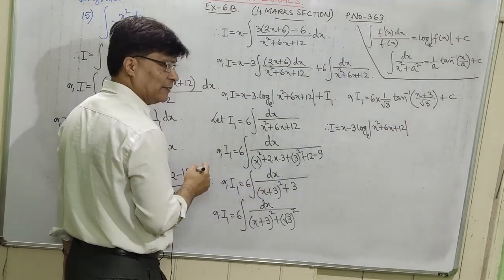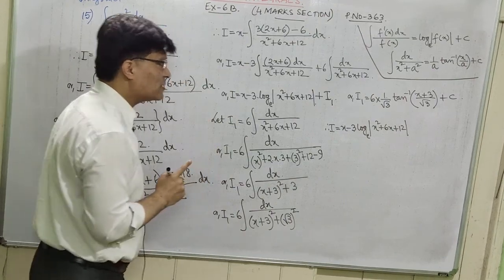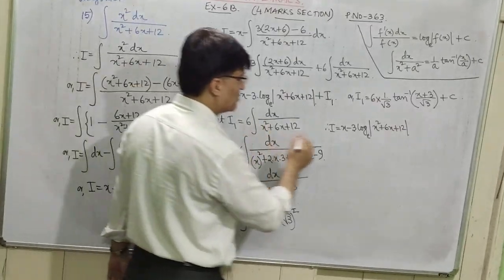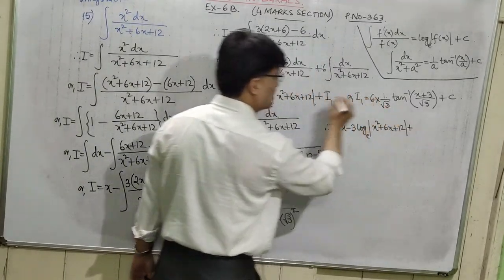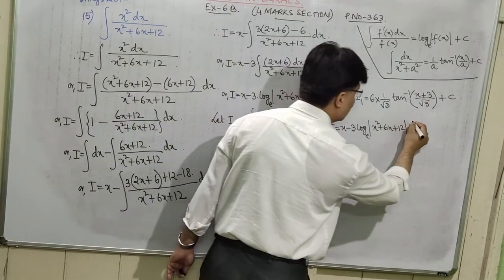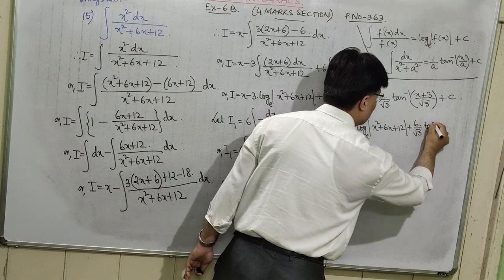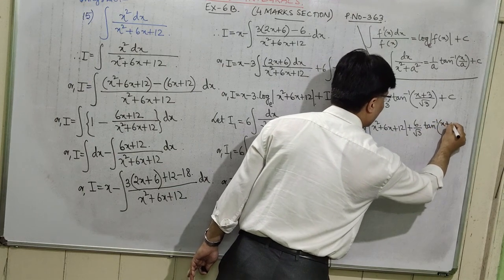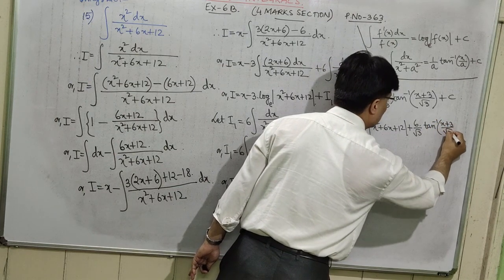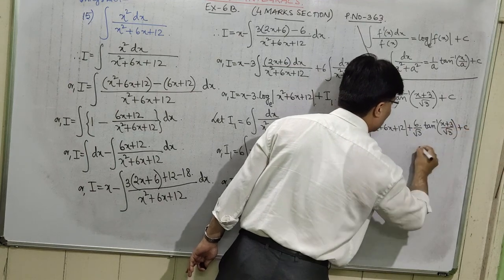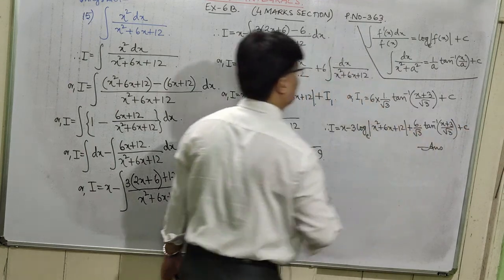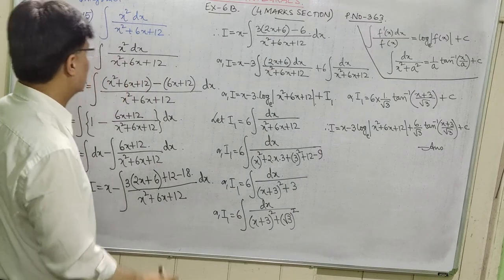The base is e plus I1. What is plus I1 here? So let us write down the value for I1. Plus I1 is this one, isn't it? So it is 6 by root 3 tan inverse within bracket x plus 3 divided by root over 3 plus c. So this is the final answer.